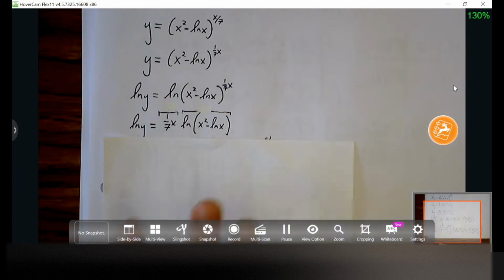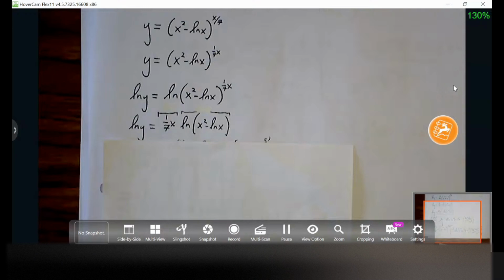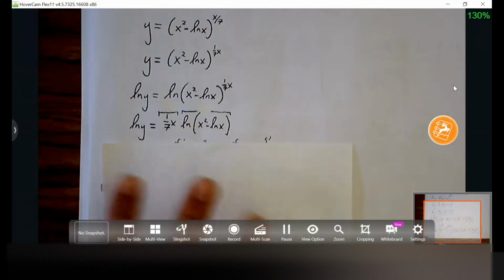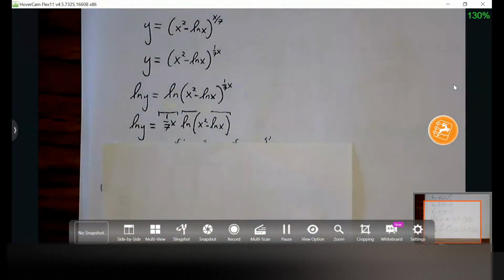And what happens to the left side? The left side, it's like the y. What does natural log of y turn into? There's an implicit rule going on there. You did a u thing? Mm-hmm.